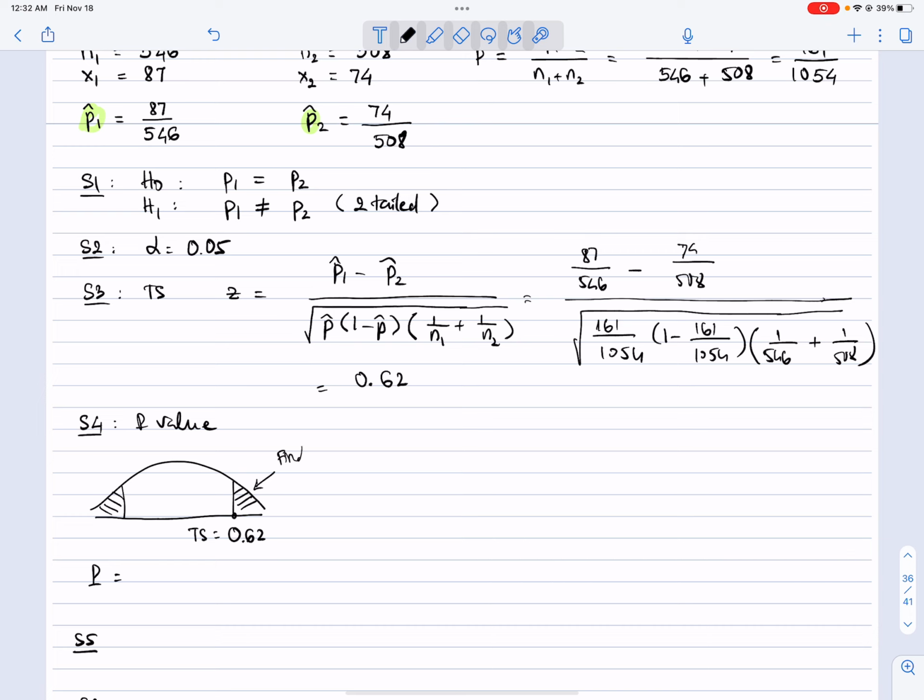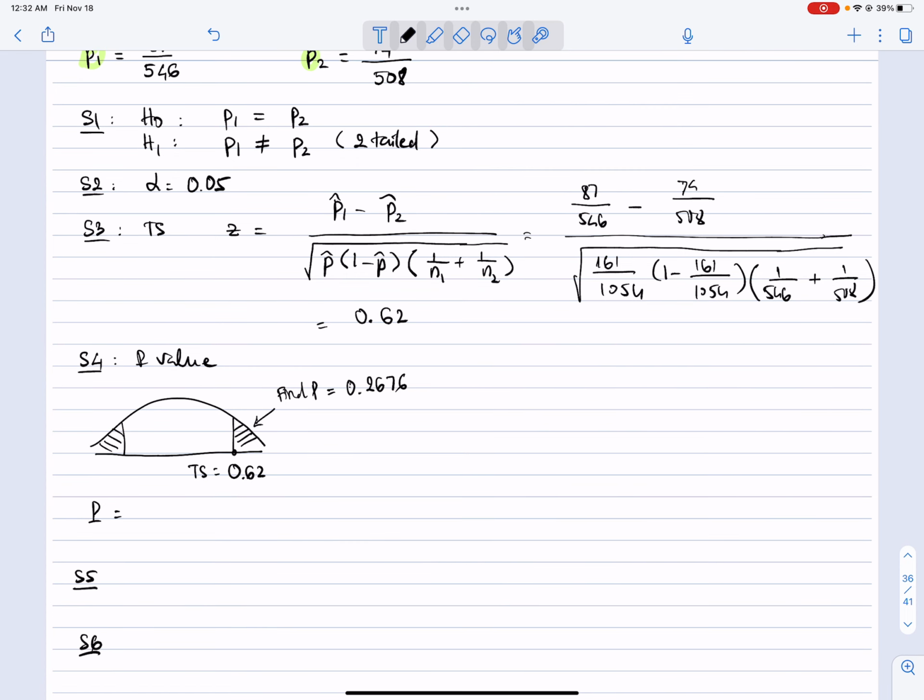So we need to find p. We will use GeoGebra, and I will show you later, but the answer will be 0.2676. Now we need to multiply p by 2 because we have the other side also. So 0.2676 multiplied by 2. So we got 0.5352.